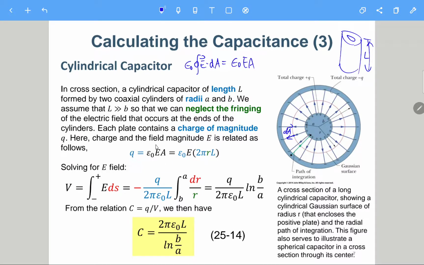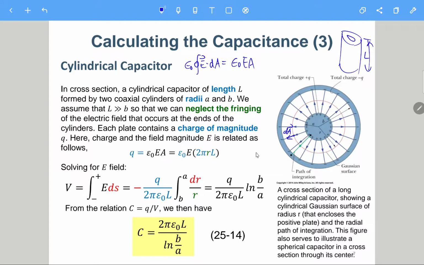So we have the Maxwell equation like this, and A is the area of this side. The height will be L, and the length of this circle will be 2 pi r.